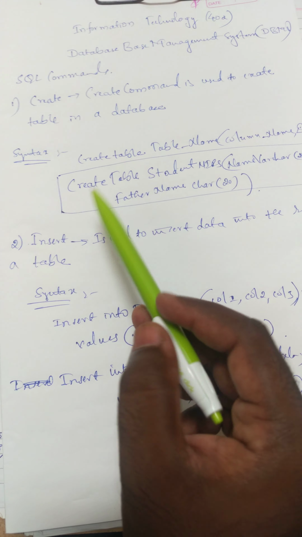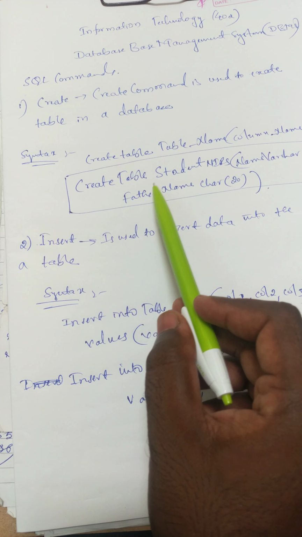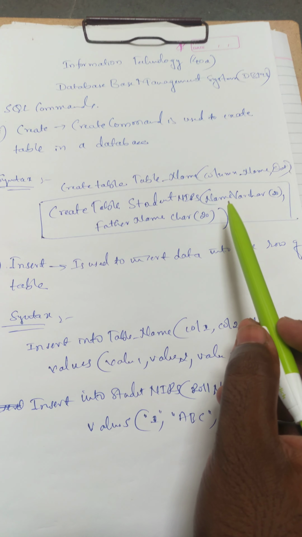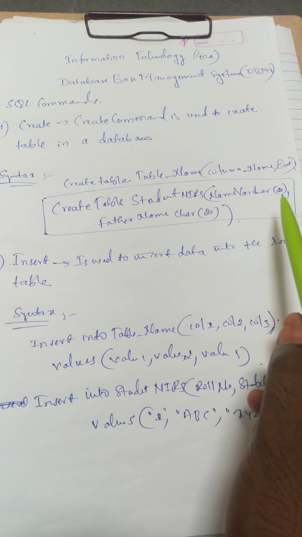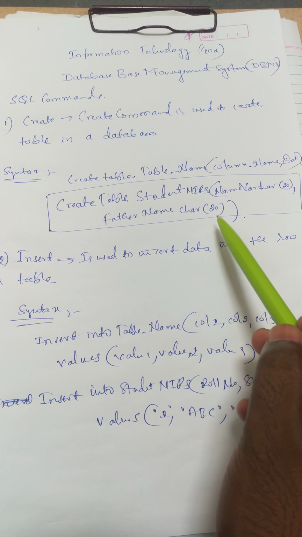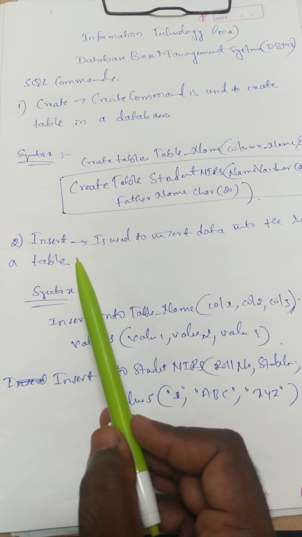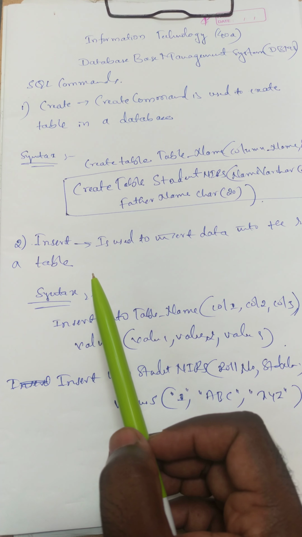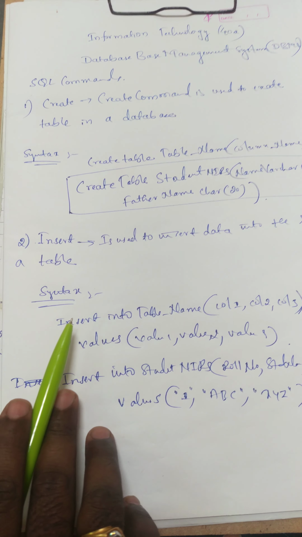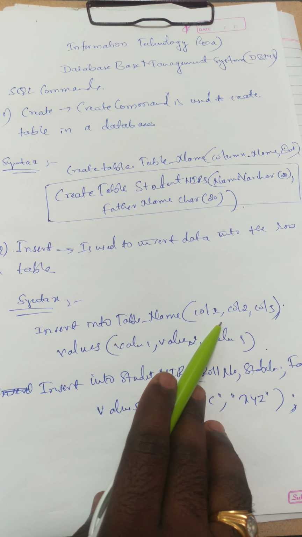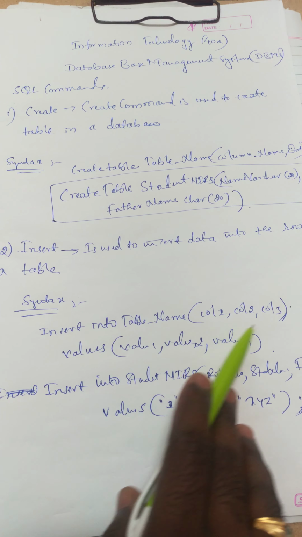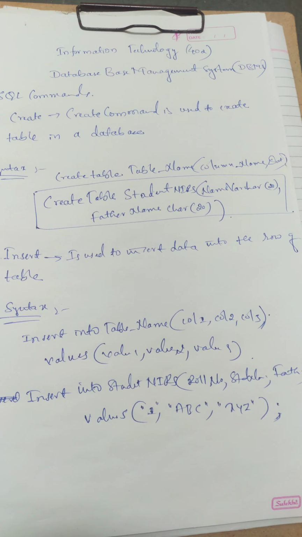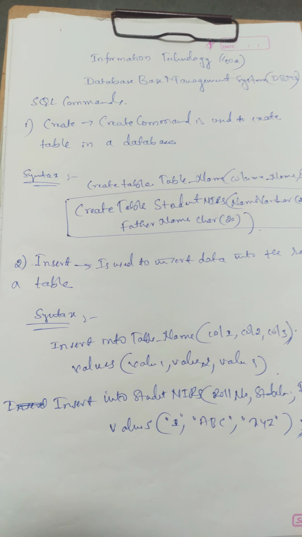So here I have created one table: create table, table name is student NIRS, and name of the student varchar 20, variable character 20, and father name char 20, right? Next, the insert command is used to insert the values to the row of the table. So the insert command syntax is: insert into table name, column 1, column 2, column 3, and then open bracket, value 1 comma value 2 comma value 3. So this is the insert command syntax.